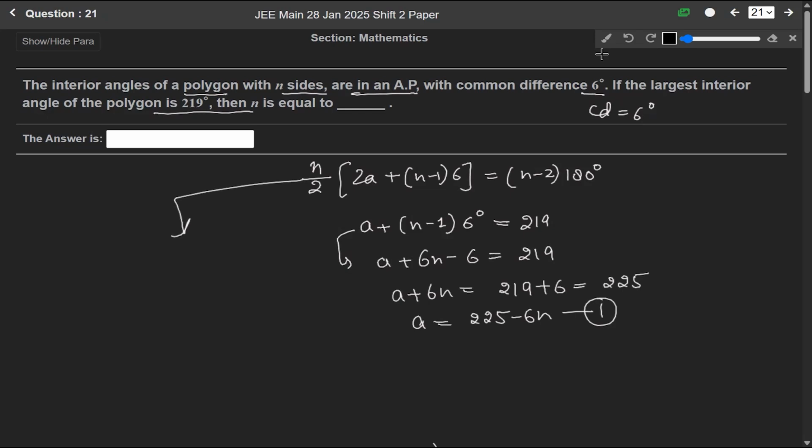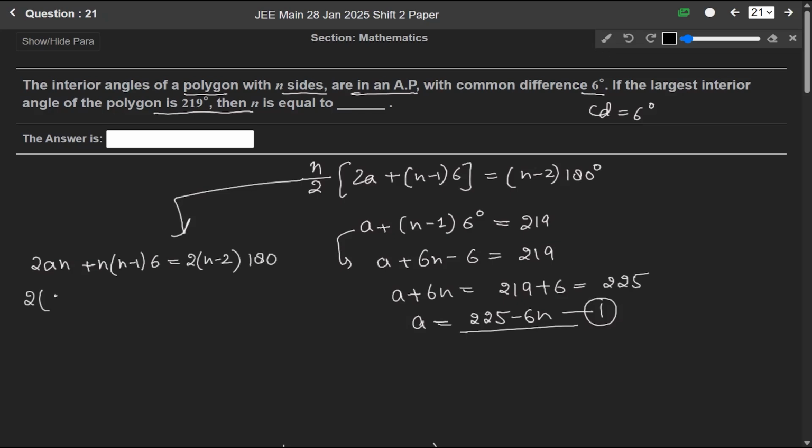Now we'll solve it. From here, 2an plus (n minus 1) 6 will be equal to (2n minus 2) into 180 degree. Okay. So for 2an, put the value of a from here.